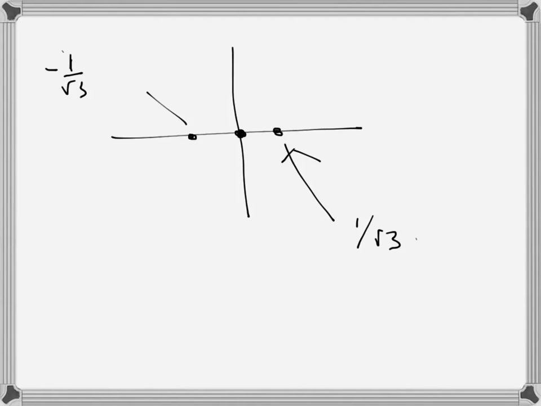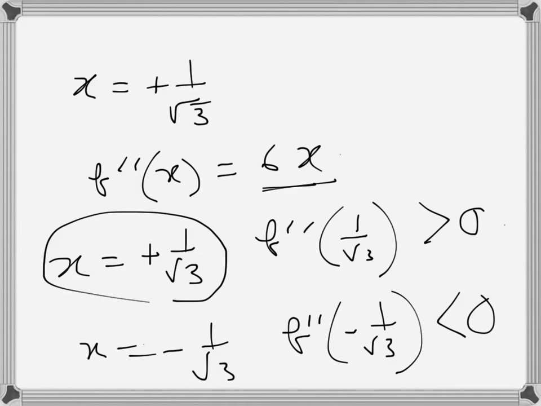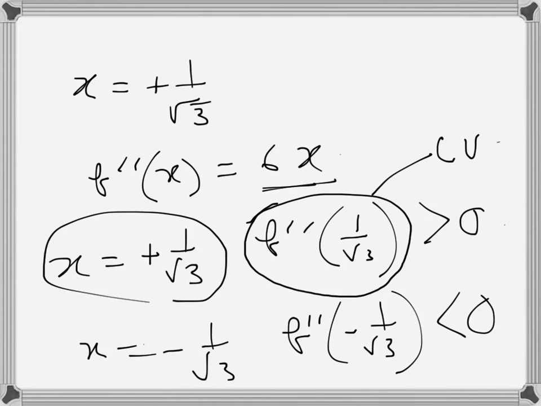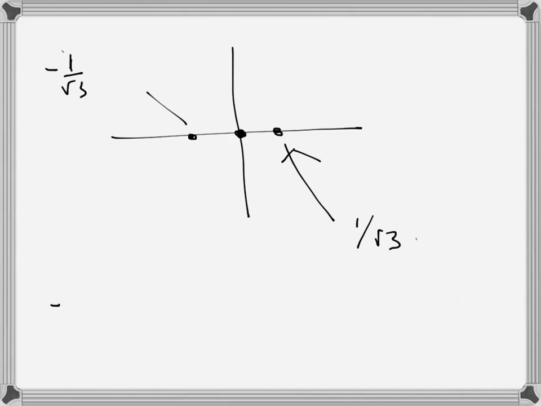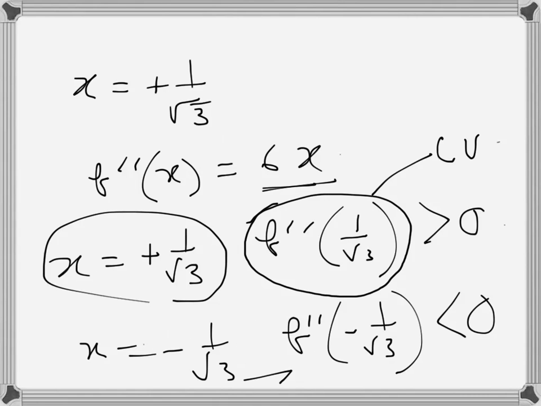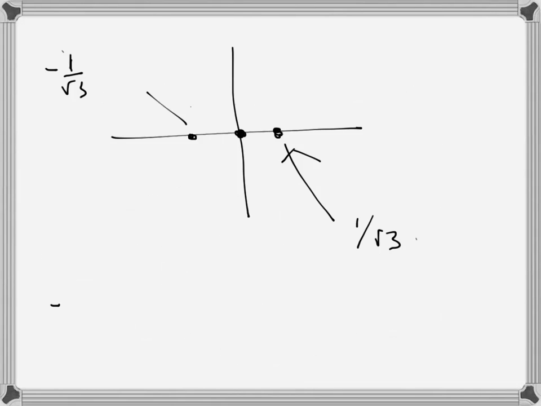If we look at the signs here as we did to find the maxima and minima, when this is greater than 0, that means it is concave up. At this point the curve is concave up, and at the other one, minus 1 over root 3, the curve is concave down, and 0 is where the concavity changes.